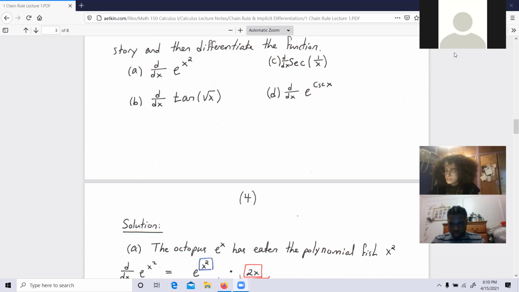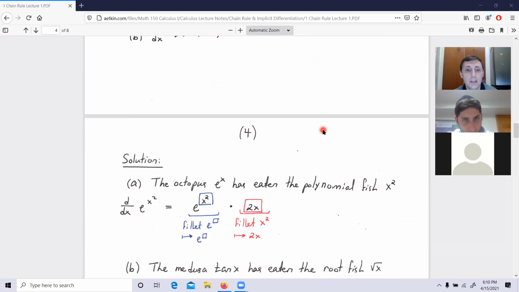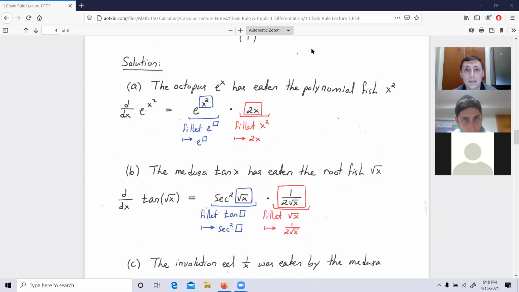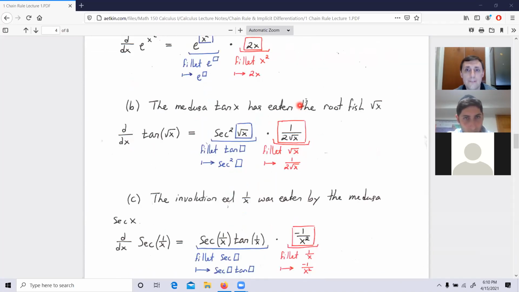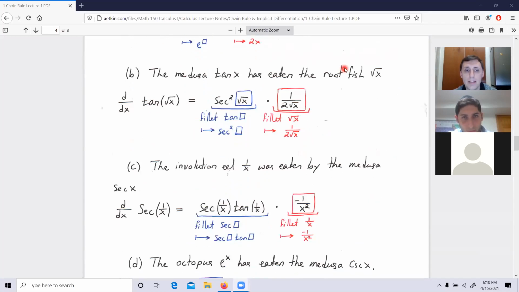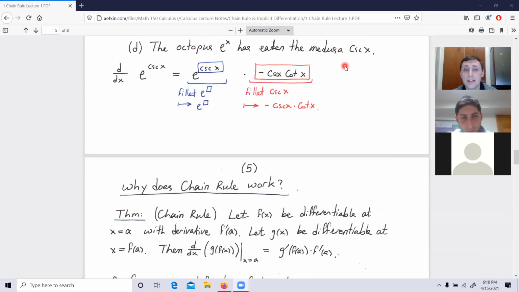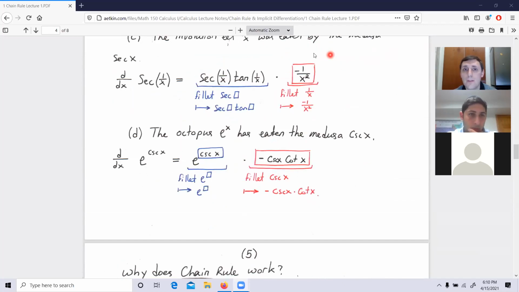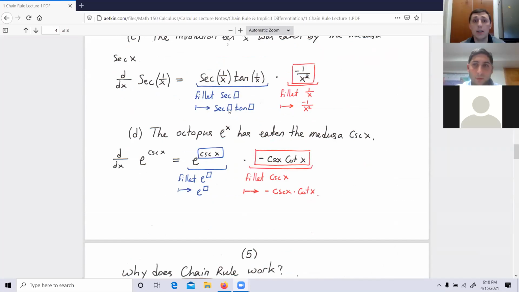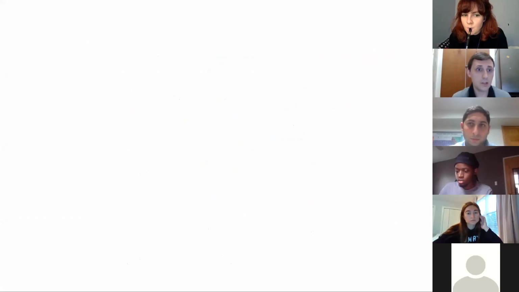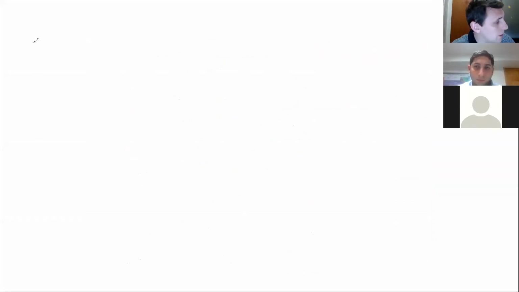Today, we begin by trying to understand why that works. Why does the chain rule work? Let's try to understand the situation in the abstract. So what do we have?